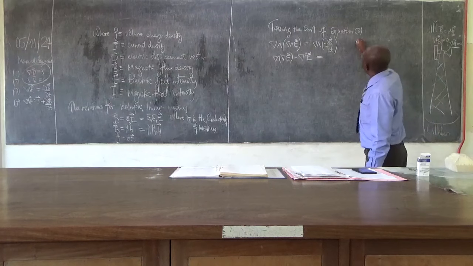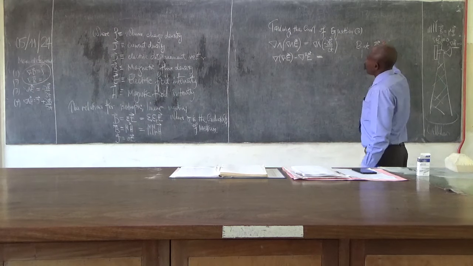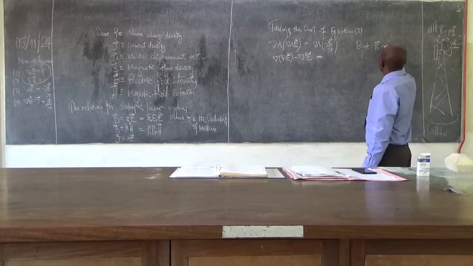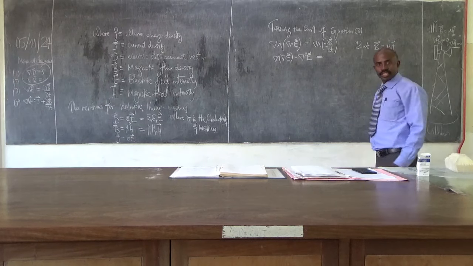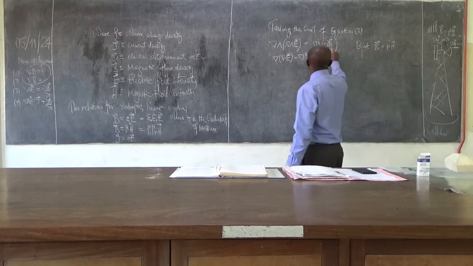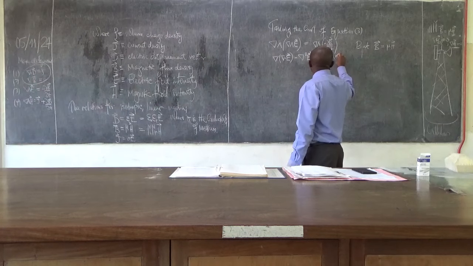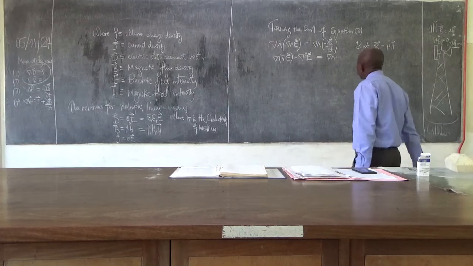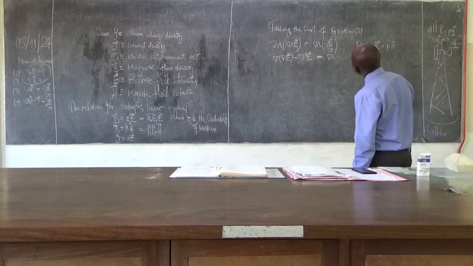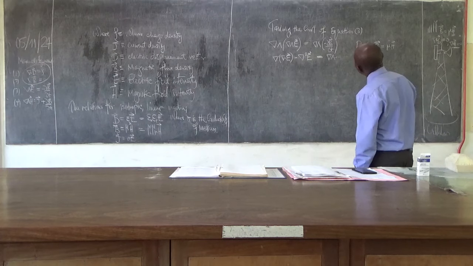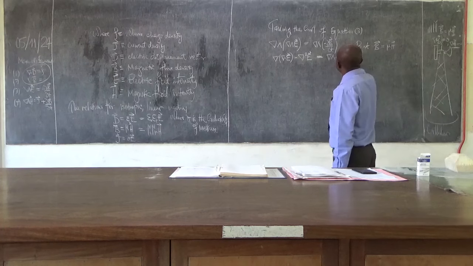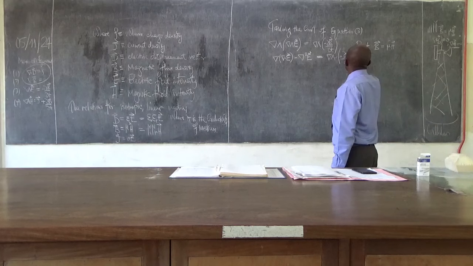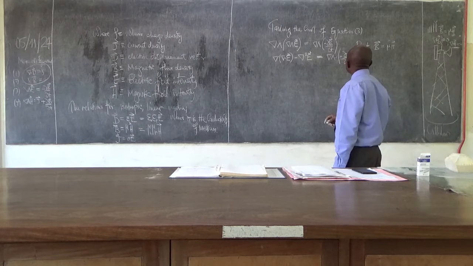And B, from the relations for isotropic linear media, is equal to mu H. So that means we will have the curl of minus partial B by partial t, and we have a mu outside.